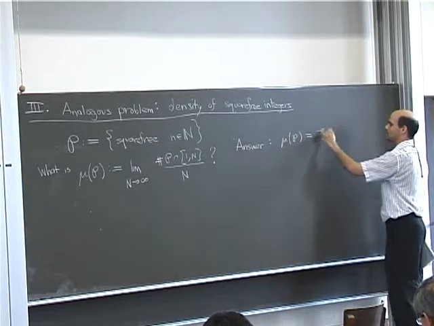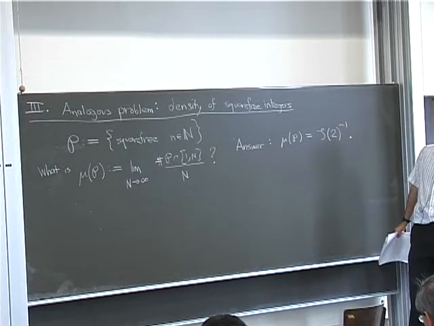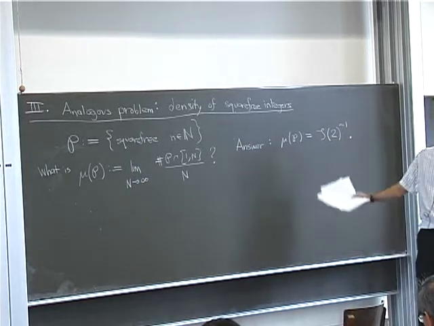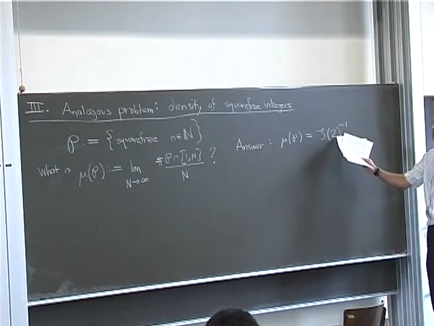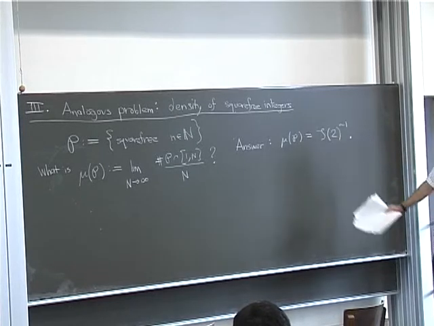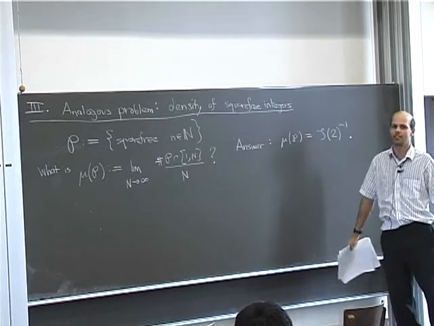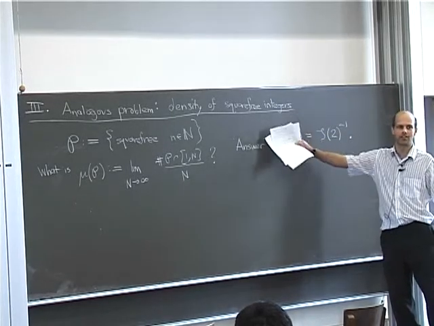is zeta of 2 inverse, which may look suspiciously like the answer to the other theorem. In fact, the 2 itself is the dimension of Spec Z plus 1, if you take Krull dimension. So this is not just an analogous problem. There's actually a common generalization of this and the Bertini theorem.